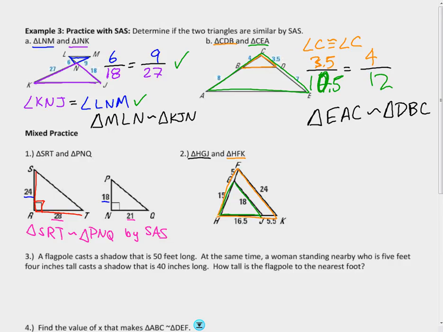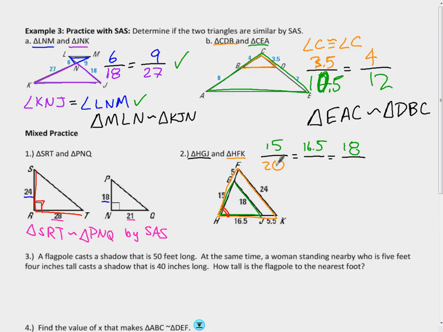Here for side, side, side, I need to show that all 3 of these ratios are the same. The 3 sides of the green one are 15, 16.5, and 18. Follow that same pattern for the orange. Which one's the smallest? Be careful. What's 15 plus 5? 20. What's 16.5 plus 5.5? 22. And then 18 is going to match with 24.